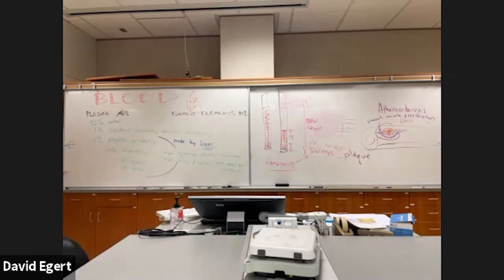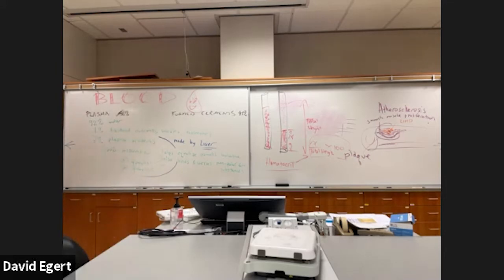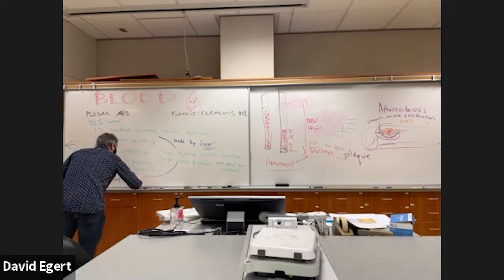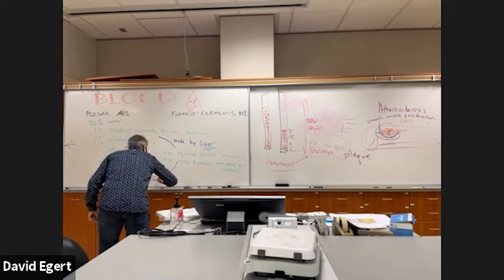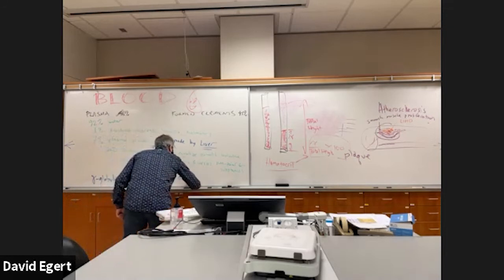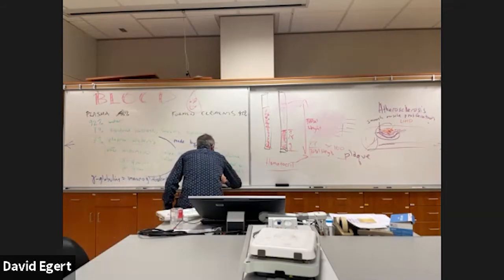There's one other plasma protein that we'll get to meet a little later today when we talk about blood typing, which are the gamma globulins. The only plasma proteins not made by the liver are basically the antibodies, which are made by lymphocytes. So gamma globulins, also called immunoglobulins, also called antibodies, are made by special lymphocytes.